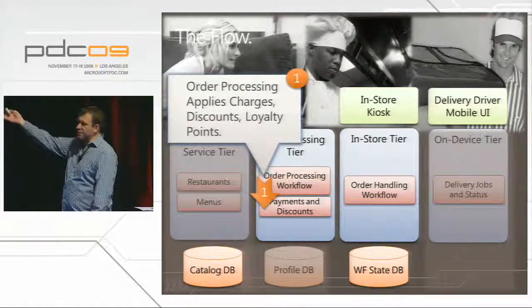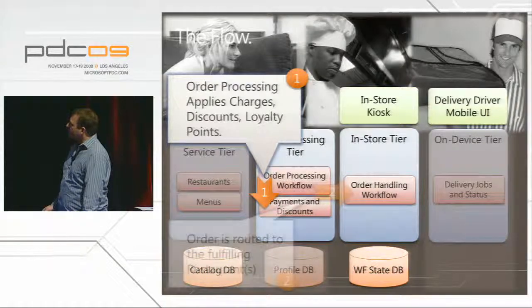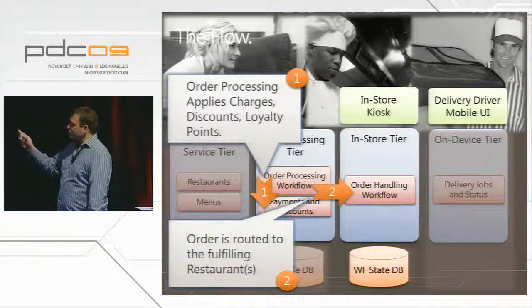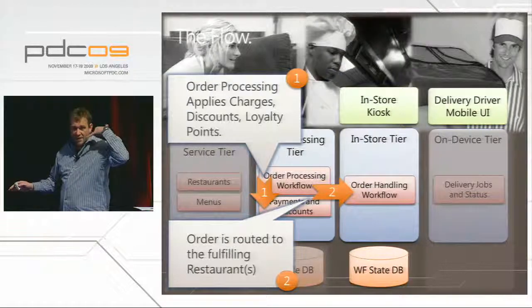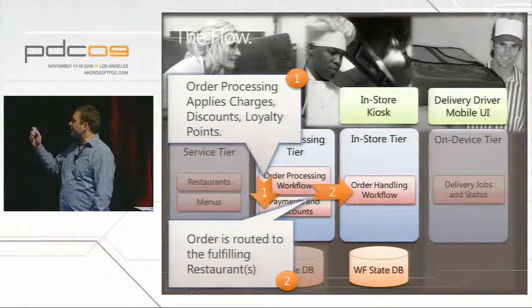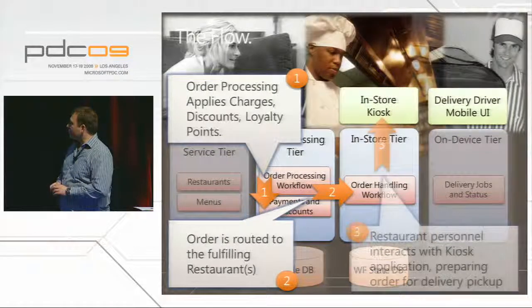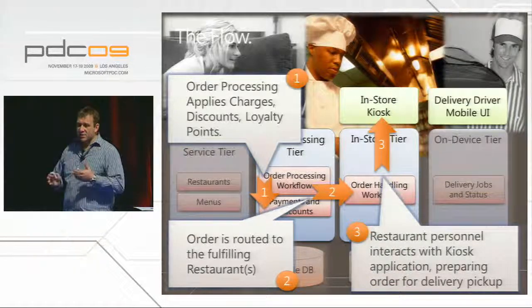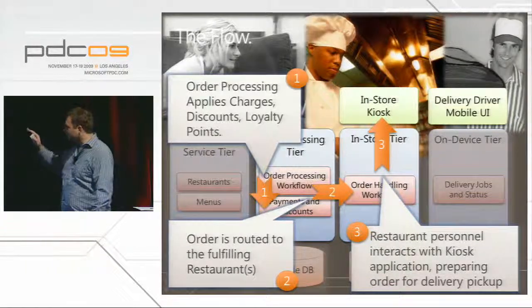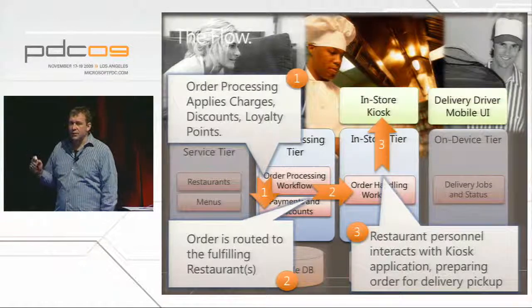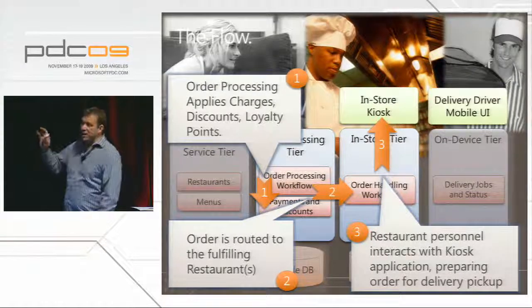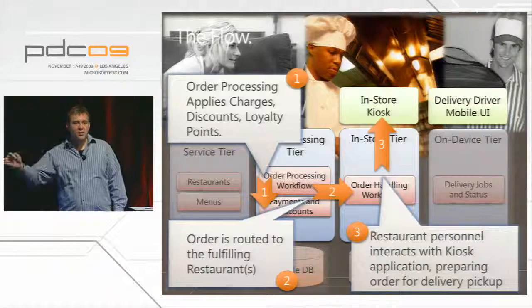Again, that's something dinnernow.inc does. Then the order is routed to the fulfilling restaurants, including phone and fax, so we should not neglect this. Then the restaurant personnel interact with that kiosk application I showed you briefly, and prepare the order for delivery and pickup. So now we have transitioned to another site.